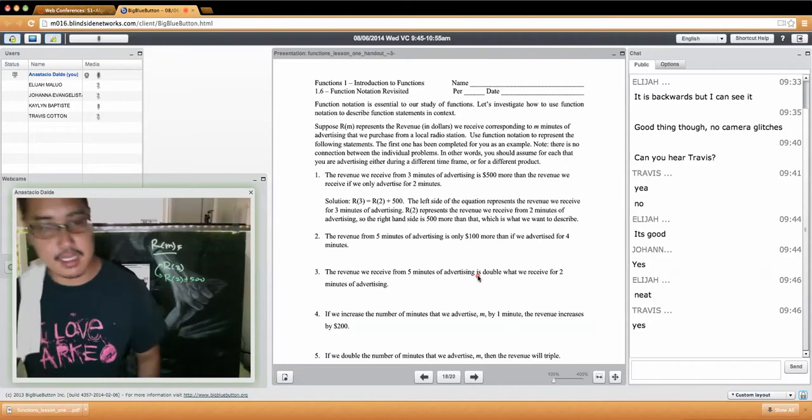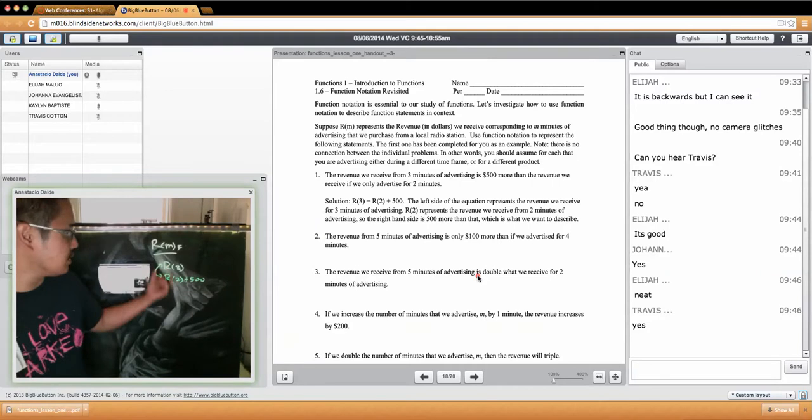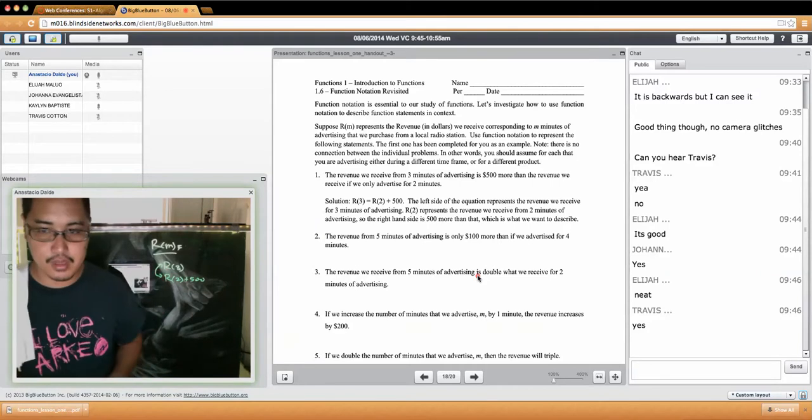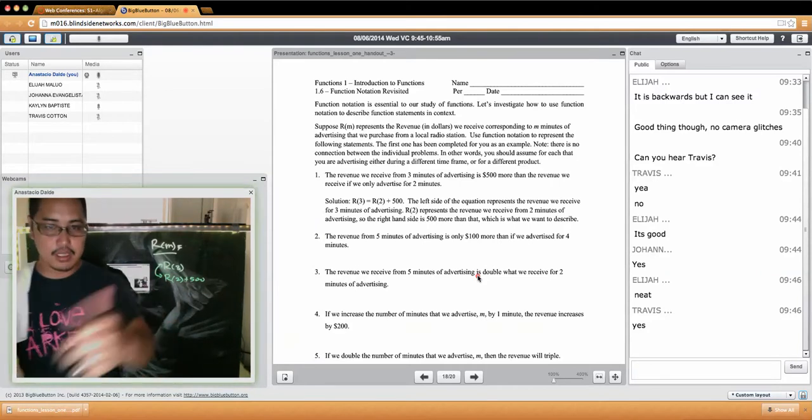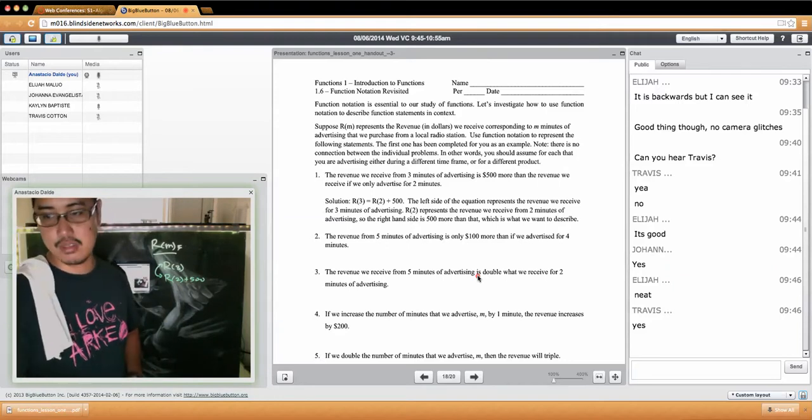Does that make sense? I basically went straight through the example problem, but that's the way you would approach it in function notation. You would say R(3) is equal to R(2) plus 500. We cool? For number one, you didn't need to write anything down because the example problem was given to you.